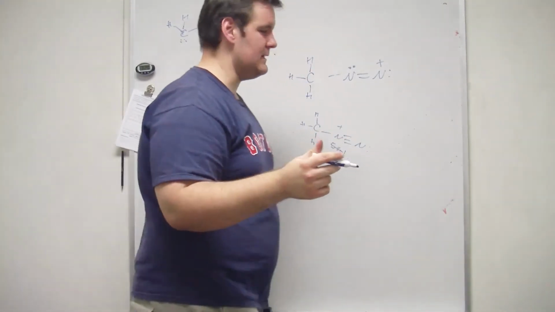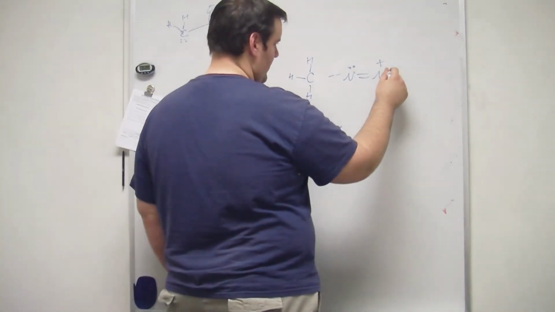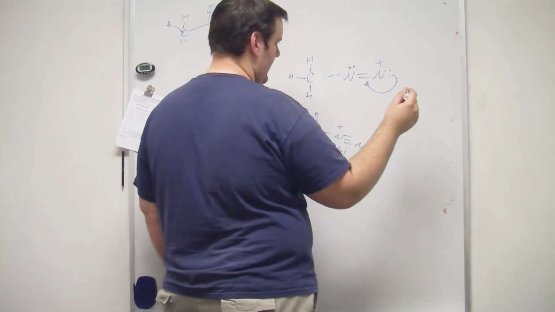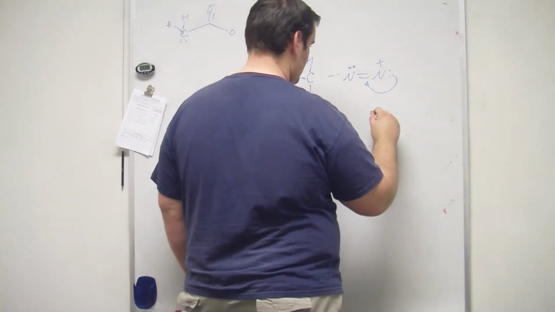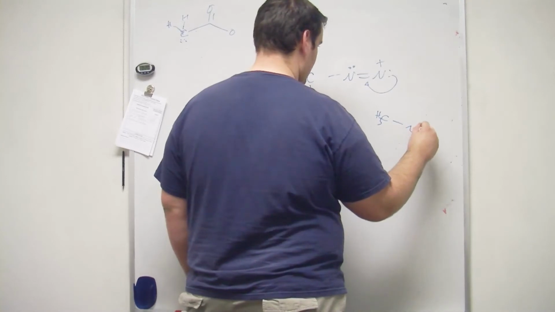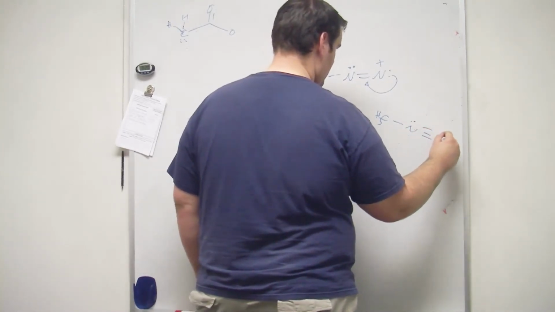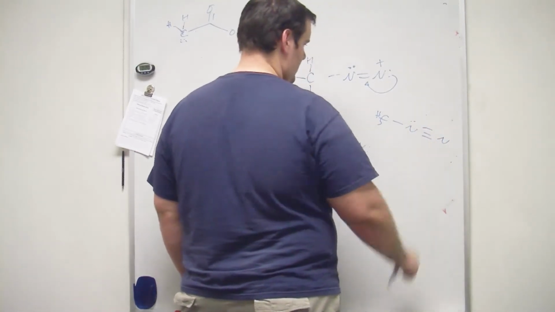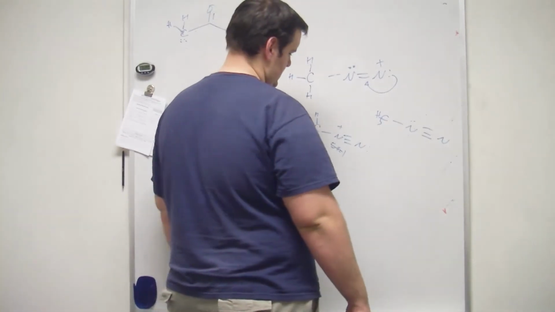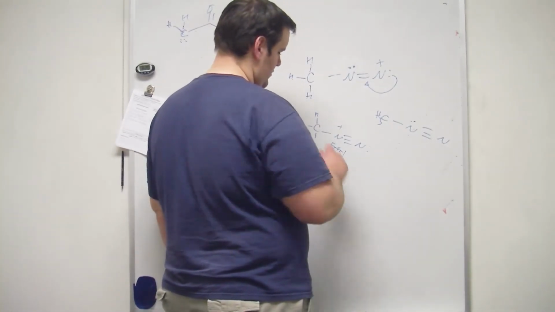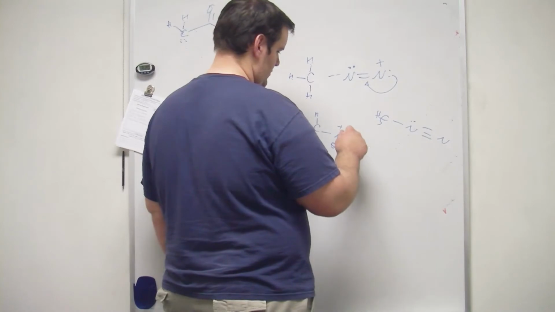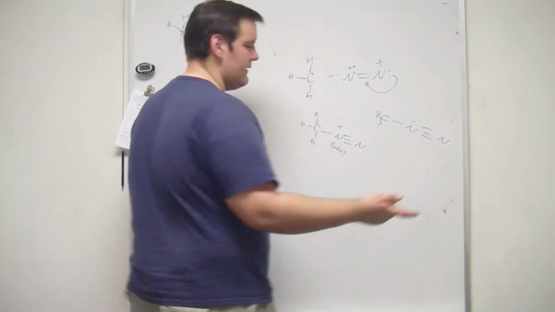So then the other thing you do with this one here is you could also say, what if I move that lone pair? So now I have, you'd say that. But then this wouldn't fit the octet rule.